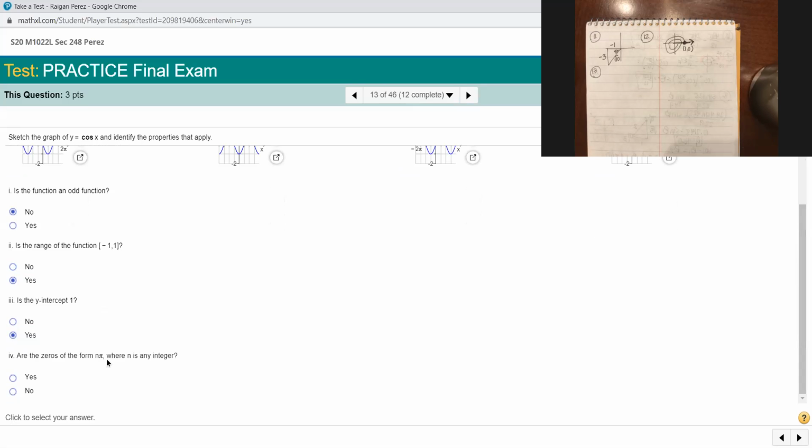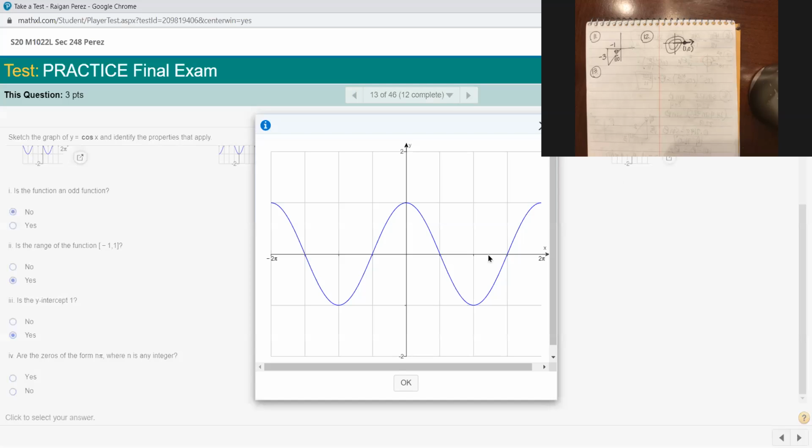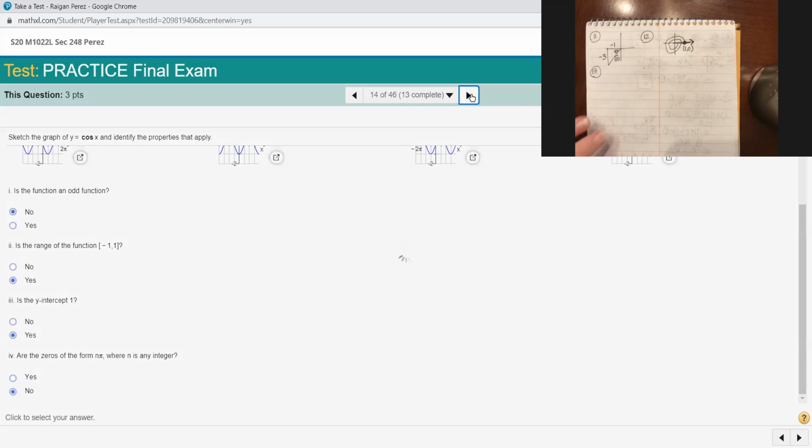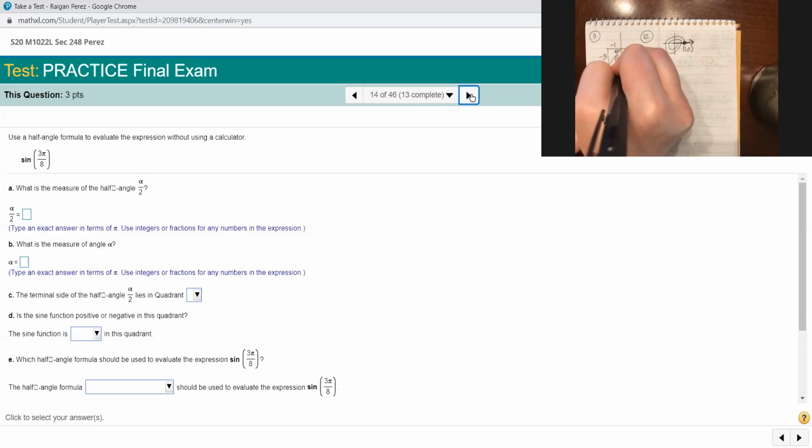So let's put in 1 and just go look at the graph. Do you have a 0 at pi? So this is 2 pi, this is pi. Do we have a 0 at pi? No. Our zeros are at pi halves. So right here, your answer is no. Just put groups on the graph.